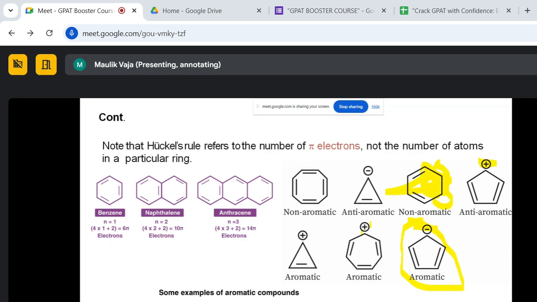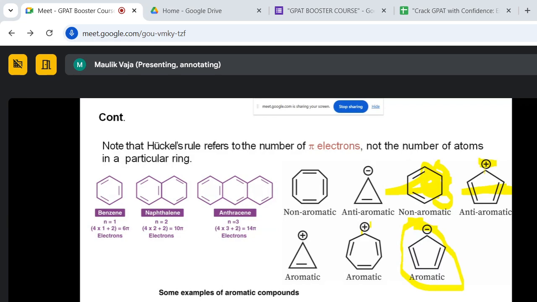So it will become non-aromatic. Like if you take the example of 1,3-cyclopentadiene, without any charge, this compound will become non-aromatic. Why? It is cyclic.